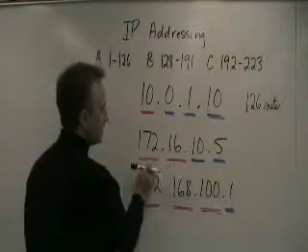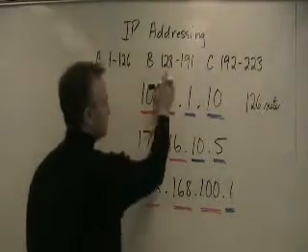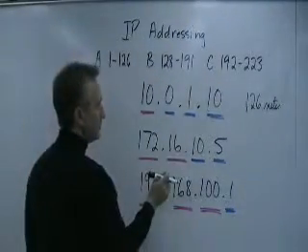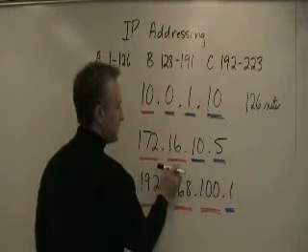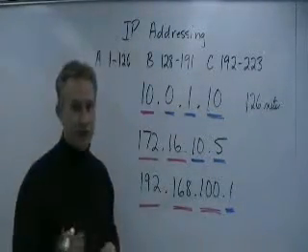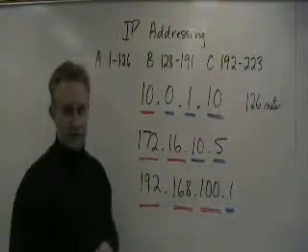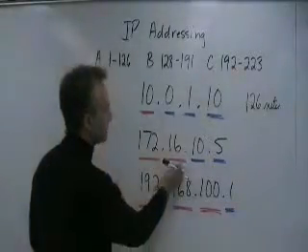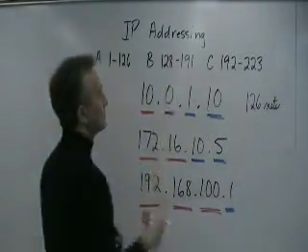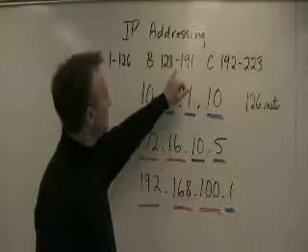If I go down here, I have 2 octets for network. This number here can be in the range 128 to 191, and this number here could be anywhere from 0 to 255. So the number of combinations I have there is actually 256 times 64.